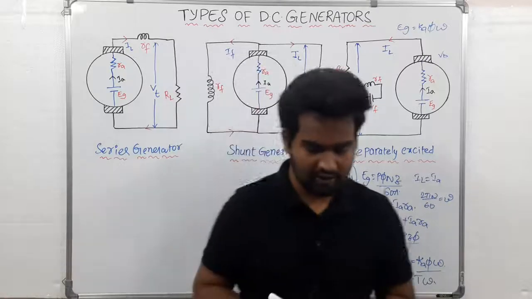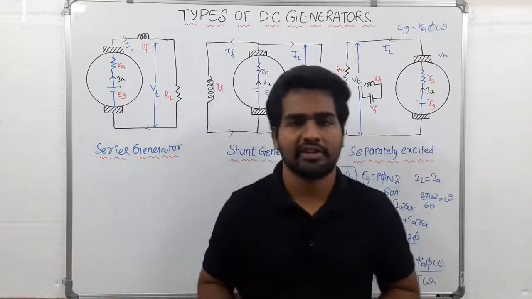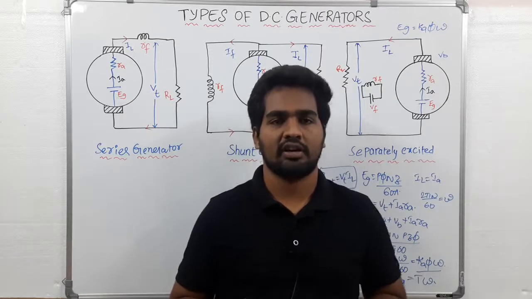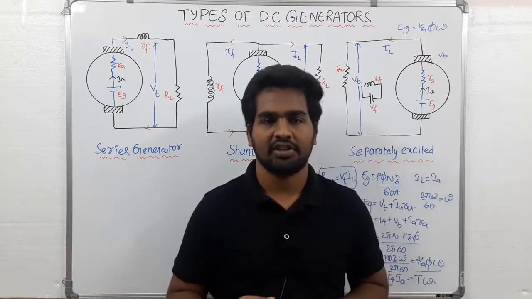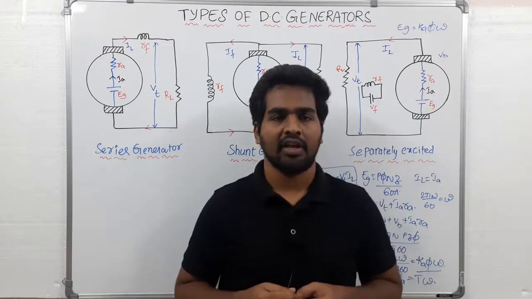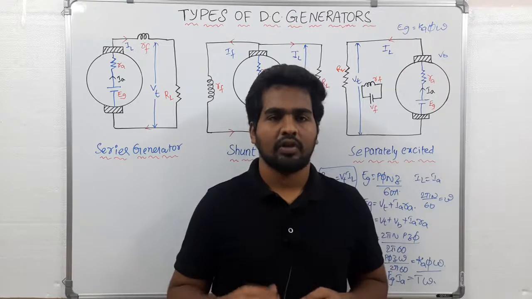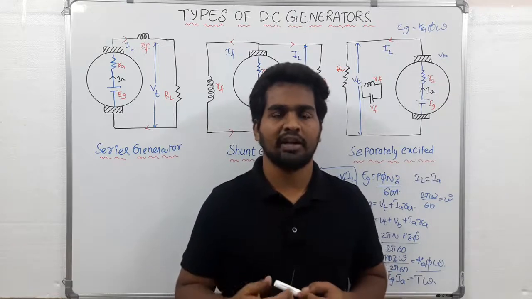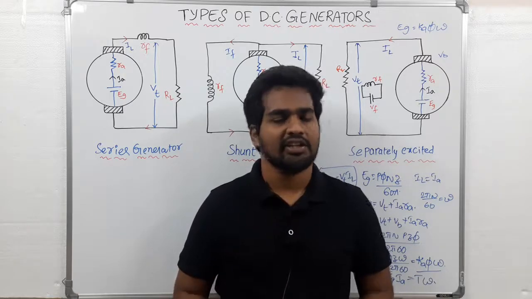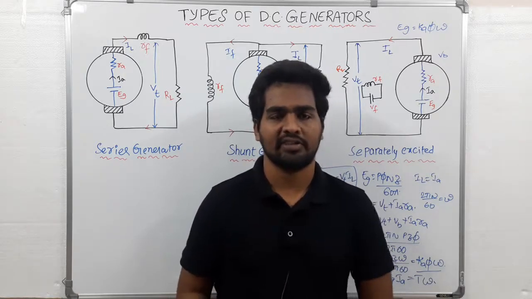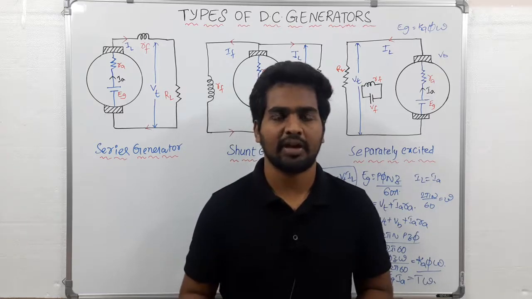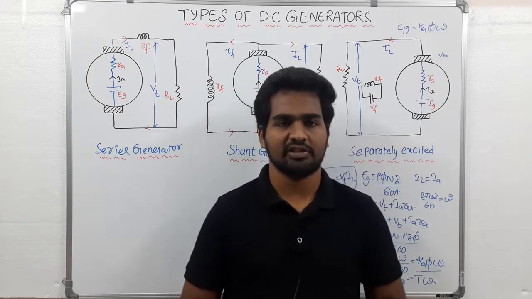Now let us come to self-excited machines. So self-excited machines are three different types: shunt generator, series generator, and compound generator. And let me tell you how the voltage is building up in these self-excited machines. Initially, there is no current to excite this field circuit, but voltage buildup is happening inside the self-excited machines.